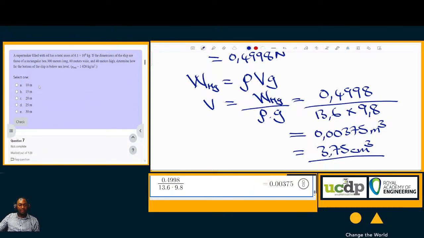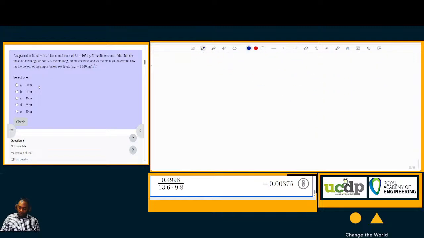Question 6. A super tanker filled with oil has a total mass of 6.1 times 10 to the 8 kilograms. If the dimensions of the ship are those of a rectangular box, 300 meters long, 80 meters wide, and 40 meters high, determine how far the bottom of the ship is below the sea level.